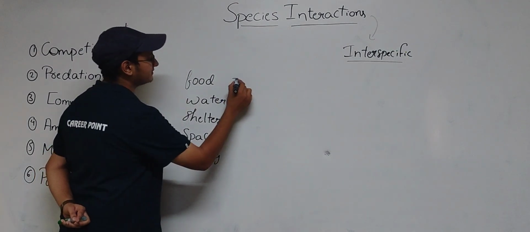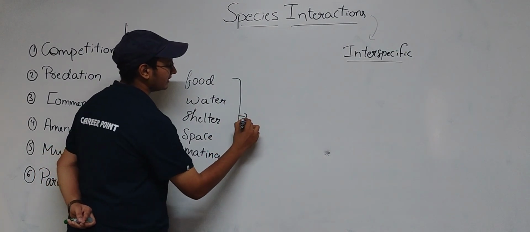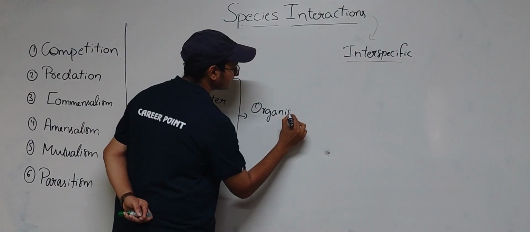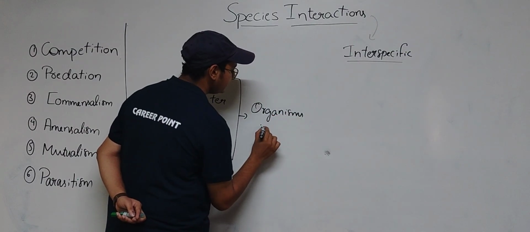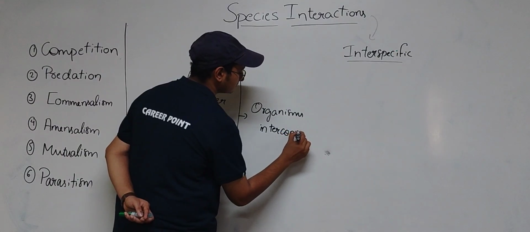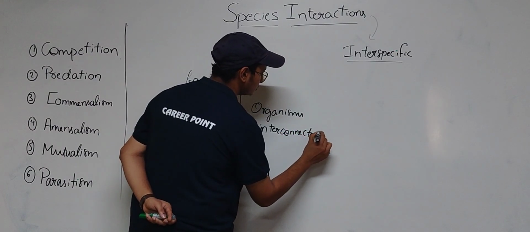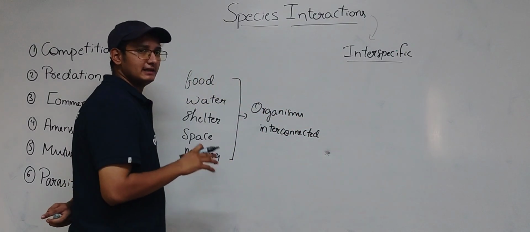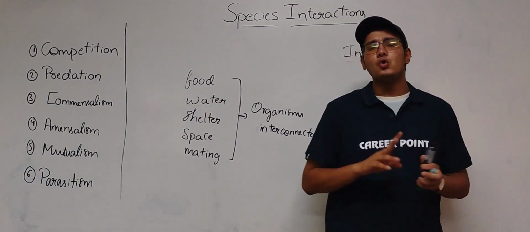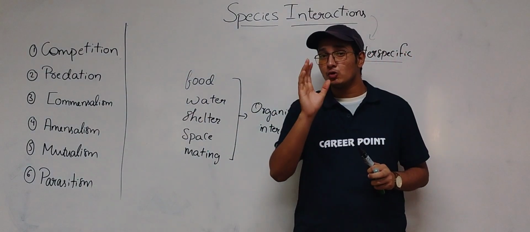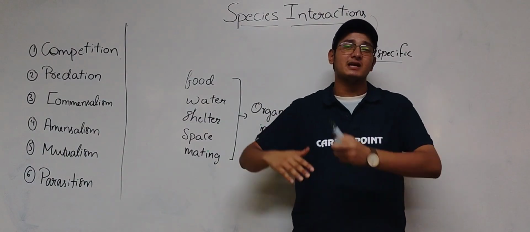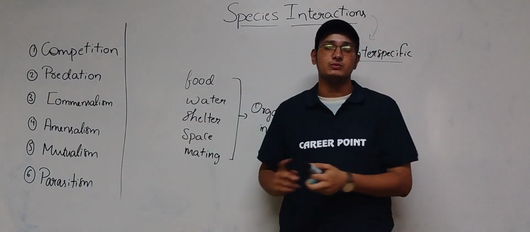All these things make organisms interconnected with each other. No organism is alone. Remember, no organism is alone. At some point of time, they will interact with other organisms or other species too.